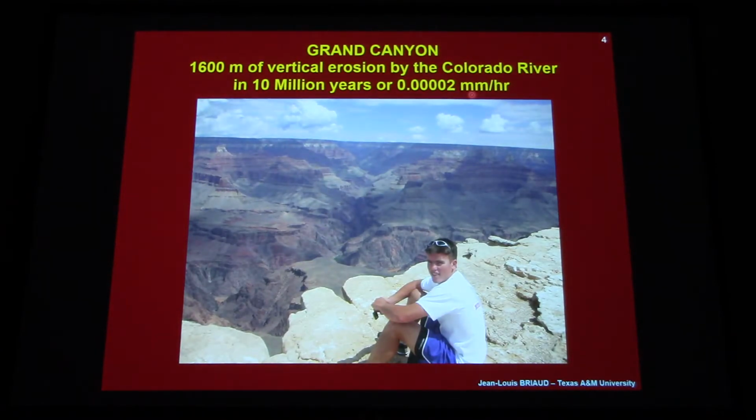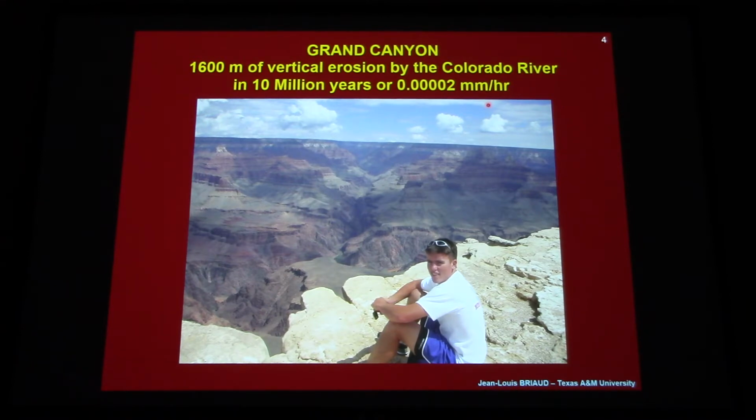And then if we go to the Grand Canyon, obviously a significant amount of erosion. You have a big hole in the ground, a 1,600 meter vertical erosion by the Colorado River in 10 million years in this case, or 0.00002 millimeter per hour.